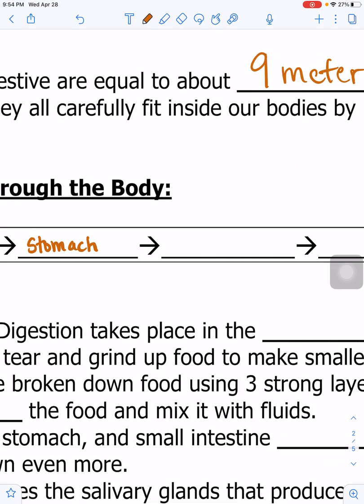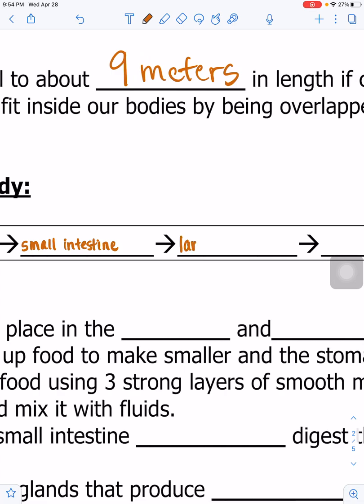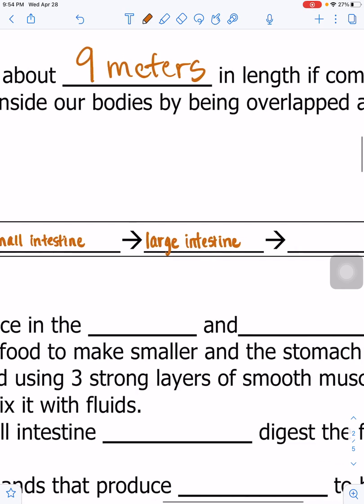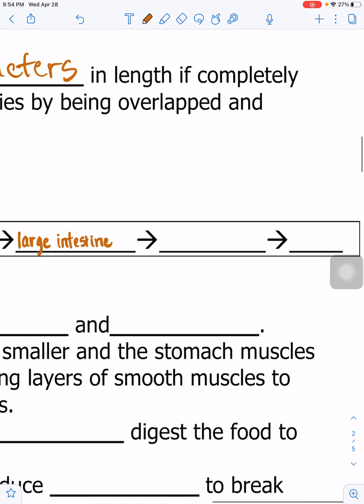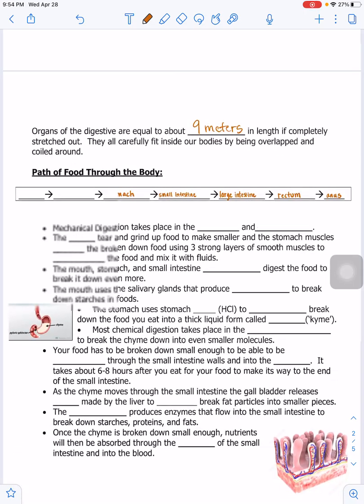Next it goes to the small intestine. Then the large intestine. Then the rectum. And the anus. That is where it will leave the body, what's left of it. Okay, so there's your path of food through the body flow map.